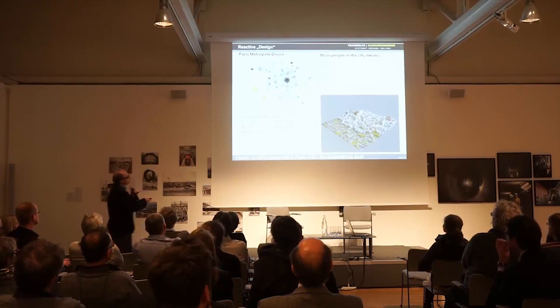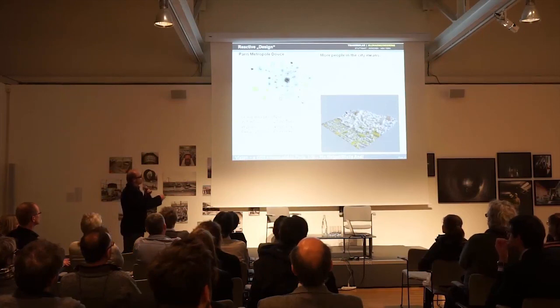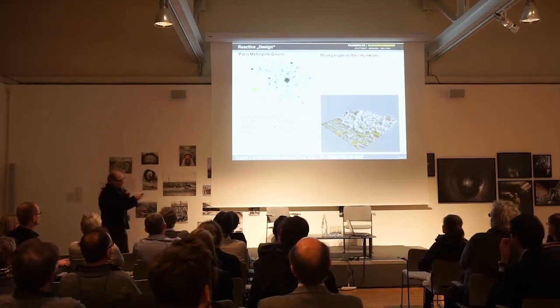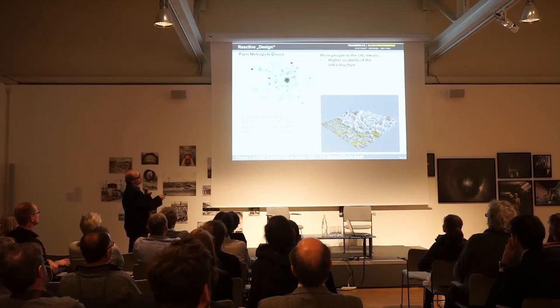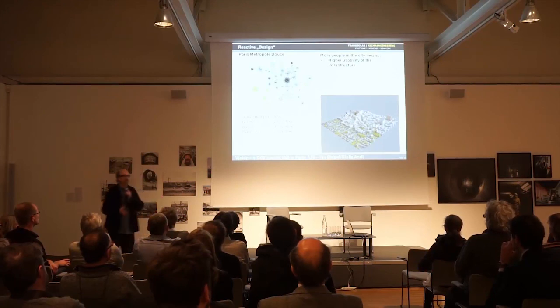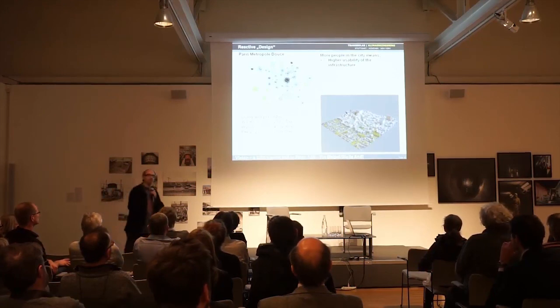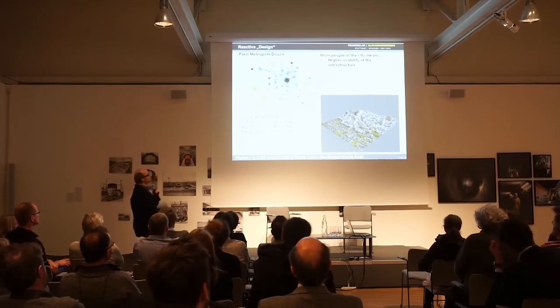What is interesting, these are the French numbers, and they're quite similar to the German ones: today 45 square meters for lonely people, 65 square meters in one apartment. More people in the city means higher usability of the infrastructure. So we have to get more people in the cities to make our public transportation, our infrastructure more efficient.